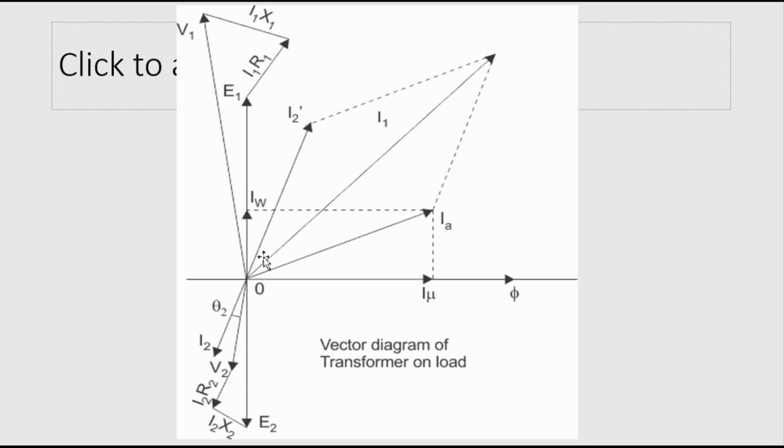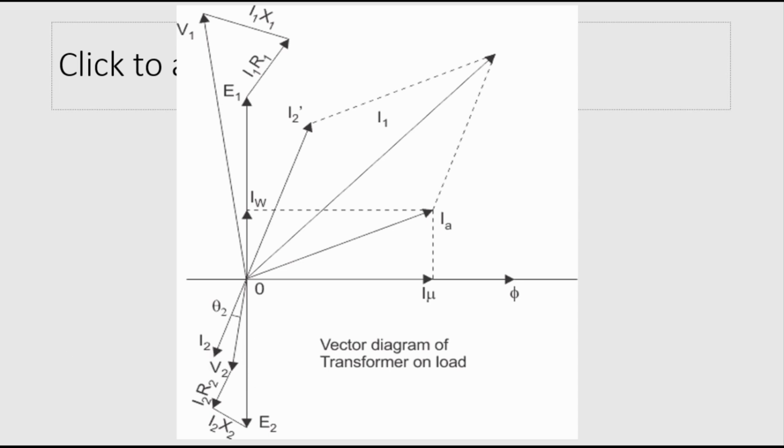Finally, this I1 is the current component of the primary, and based on this current there will be I1 R1 in the direction of current, because this is resistance, so the resistance drop will be in the direction of current, and the reactance drop will be 90 degrees to this, and this will be V1 and E1. That means V1 is the primary voltage connected, E1 is the EMF, E2 is the EMF provided by the secondary winding, and V2 is the actual voltage received by the load.